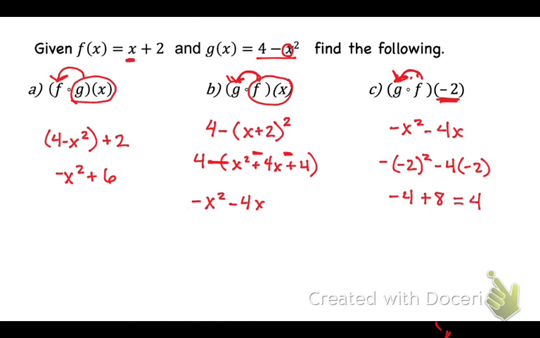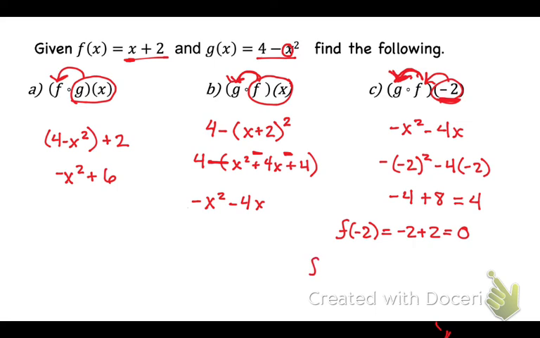Now I am going to show you another way. Okay? I can put negative 2 into F, and then my answer into what? G. So if I put negative 2 into F, I'm going to do F of negative 2. I get negative 2 plus 2, I get what? 0.